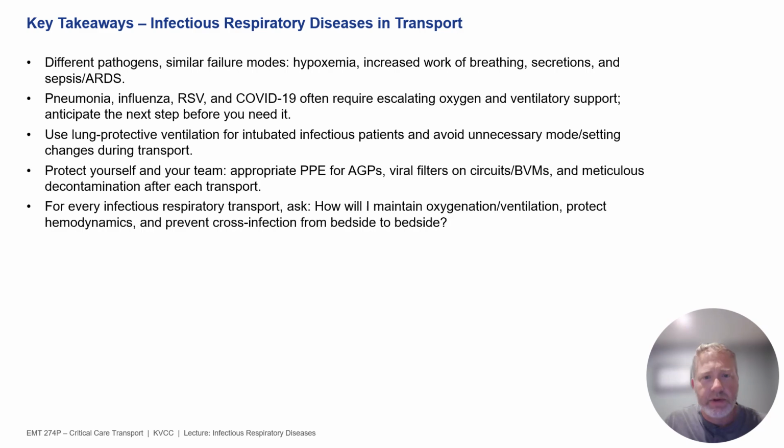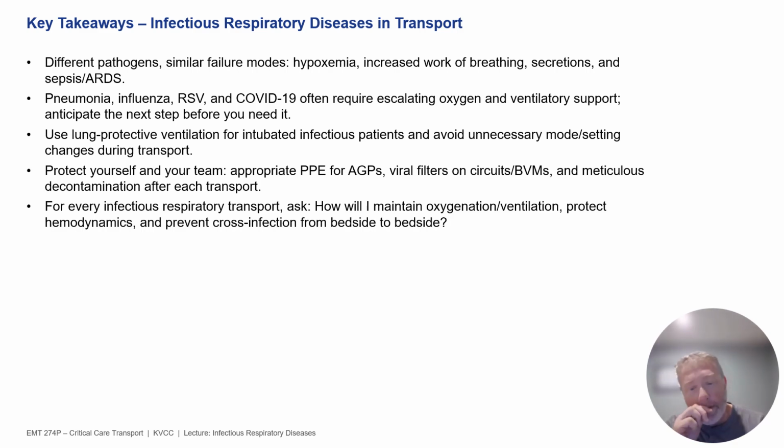So let me close with the core principles from this particular lecture, and thankfully it's a little shorter than the others. The pathogens change. Whether it's bacterial or viral or fungal, the pathogens change, but the failure modes are consistent. What makes them fail? Well, hypoxemia from VQ mismatch and shunt, increased work of breathing, secretion burden, sepsis physiology.